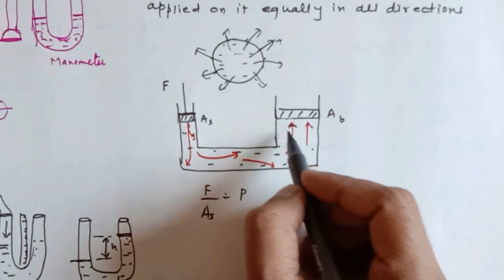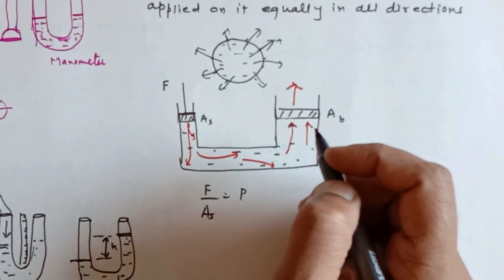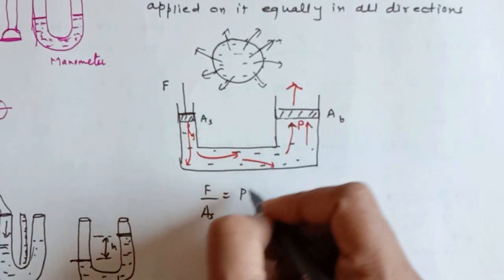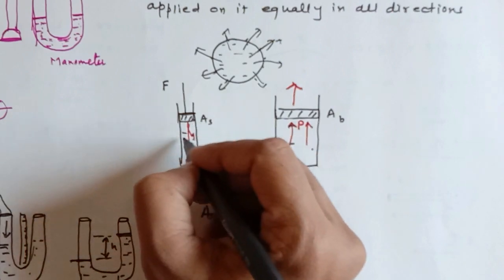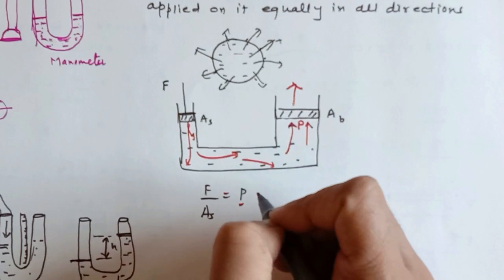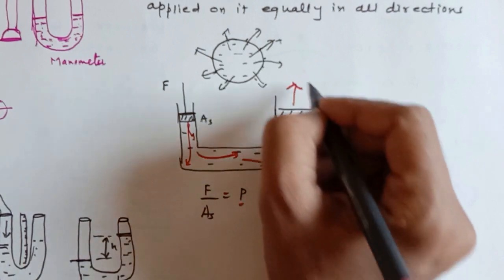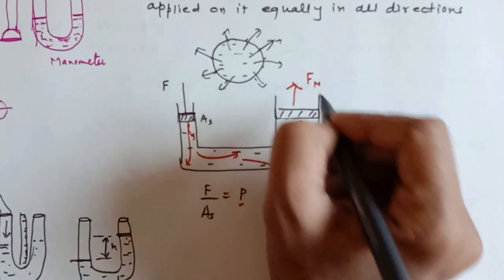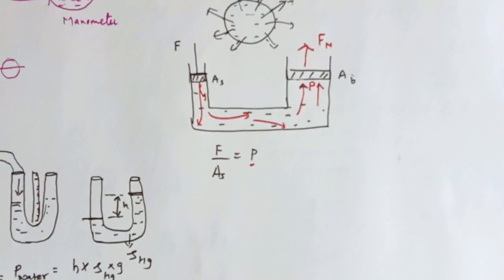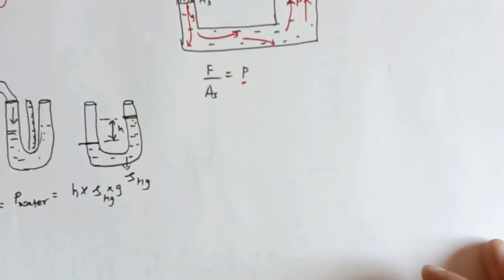And finally this pressure is going to push this in the upward direction, right? So this pressure is P again. The same pressure which was produced over here gets transmitted without getting diminished in all directions. That is pressure P, and P multiplied by A big would be the new force acting in the upward direction. This is the use of Pascal's law over here.